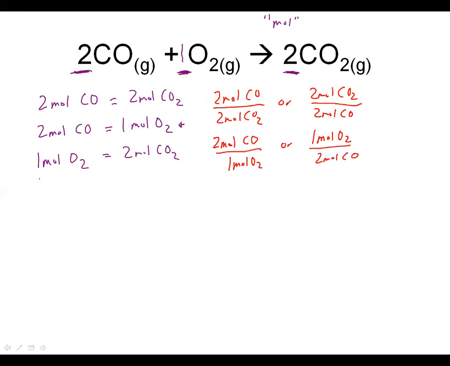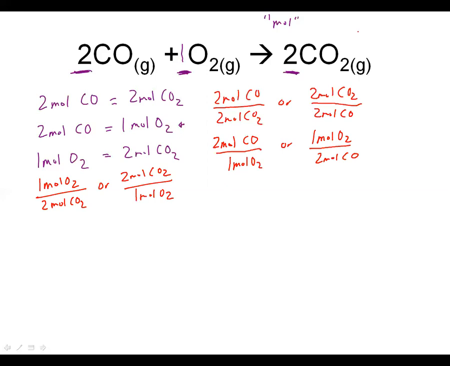For our last one here, we could say for every 1 mole of O2, we will have 2 moles of CO2. Or for every 2 moles of CO2, we could get 1 mole of O2.